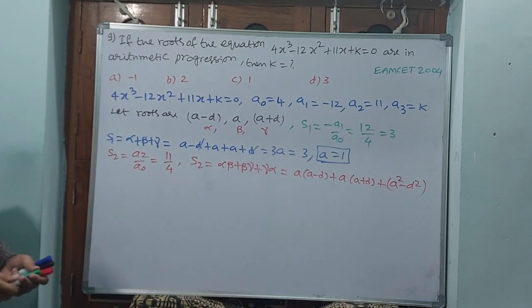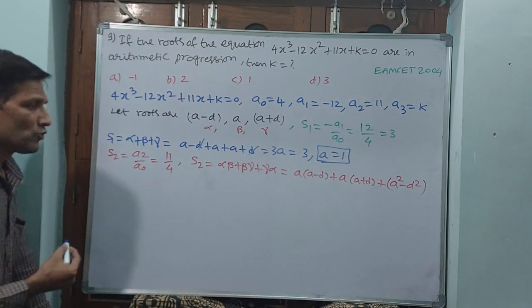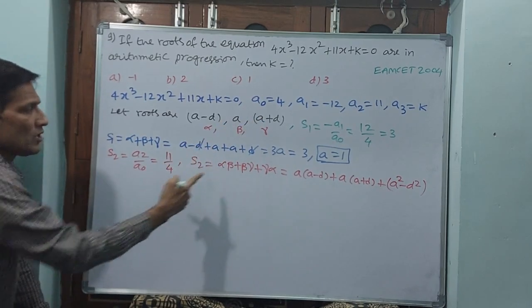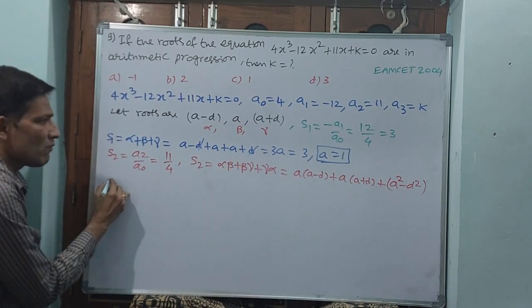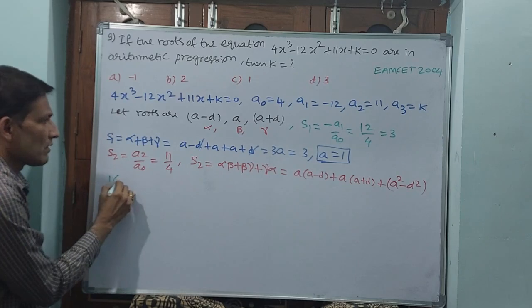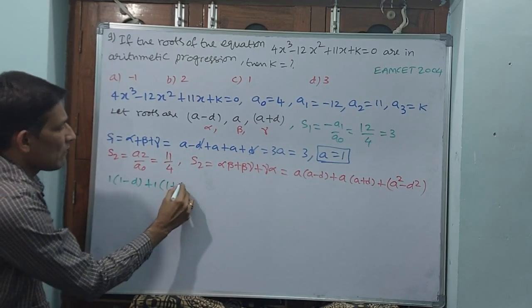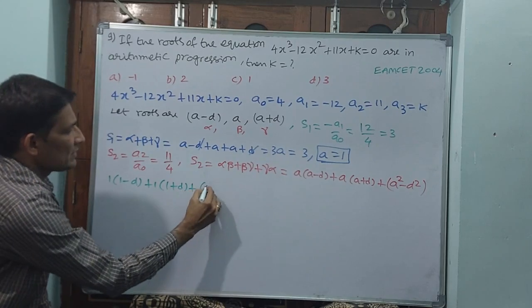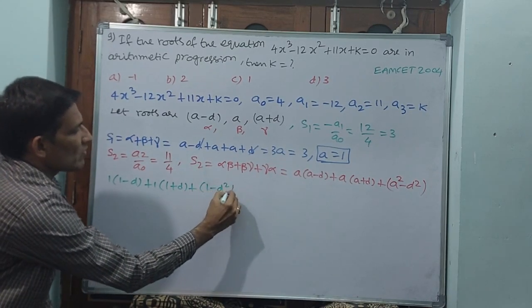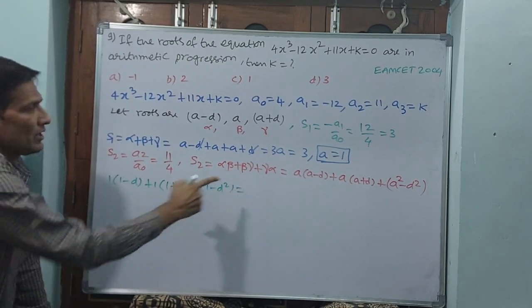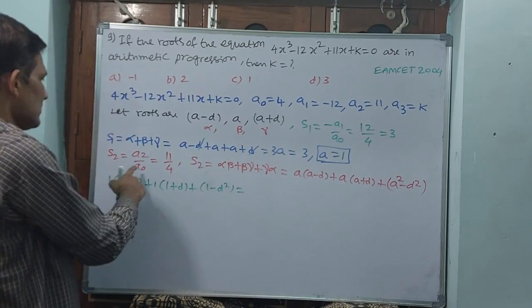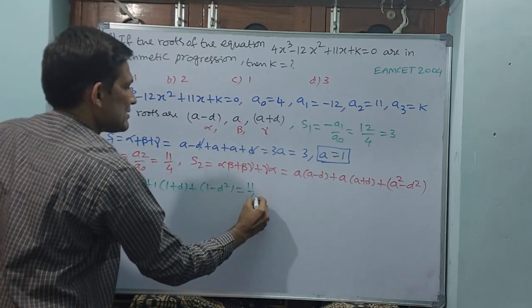Okay, S2 value do you know? Yes, sir. S2 value we know. But A value you know, see 1 into 1 minus D plus 1 into 1 plus D plus 1 square minus D square is equal to S2 value, how much? S2 value we have got is 11 by 4.